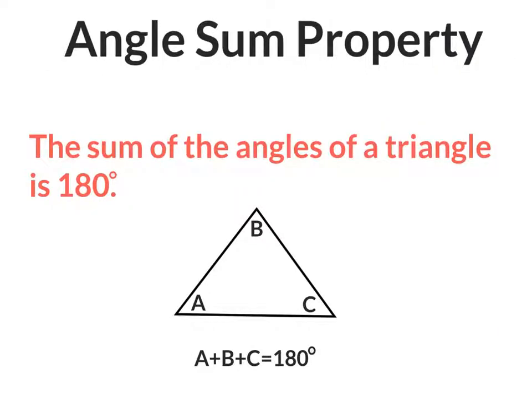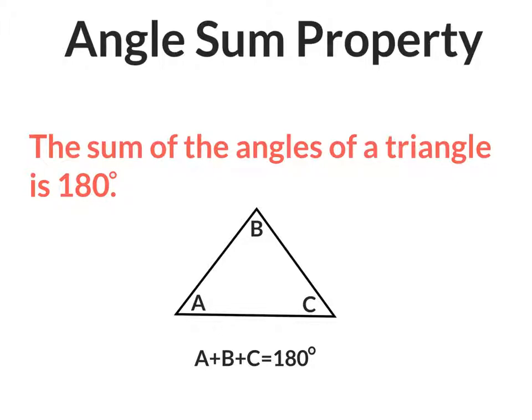As we wrap up this lesson, I'll remind you, we've been talking about the angle sum property of triangles. This property tells us that the sum of the angles of a triangle is 180 degrees. Not only this triangle, as an example on the screen, but every and any triangle will always have three angles.